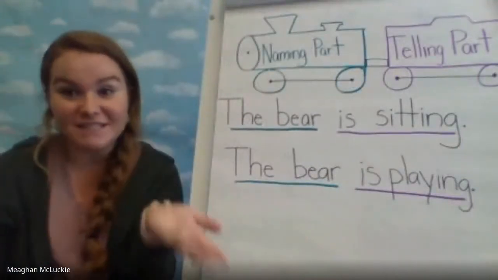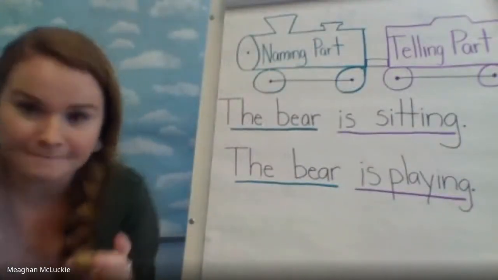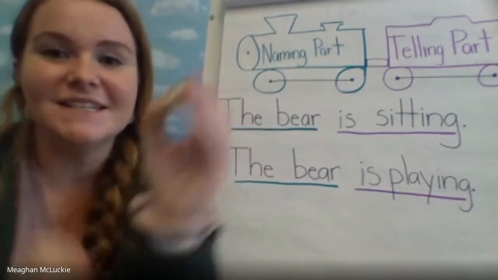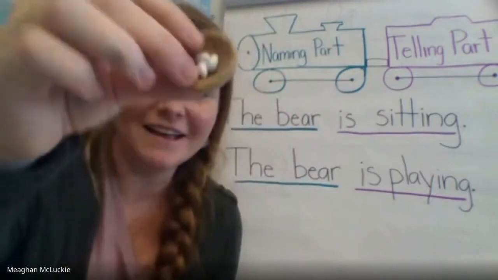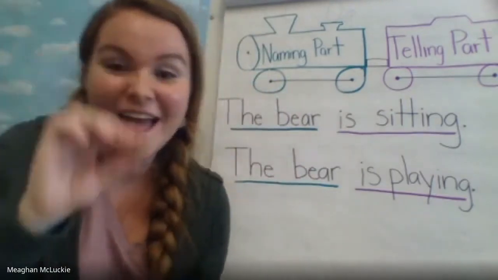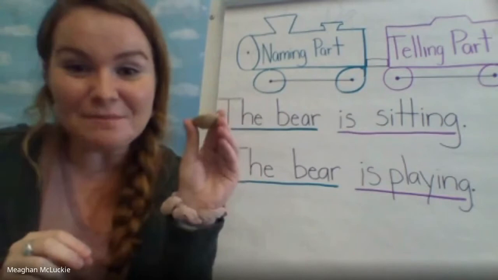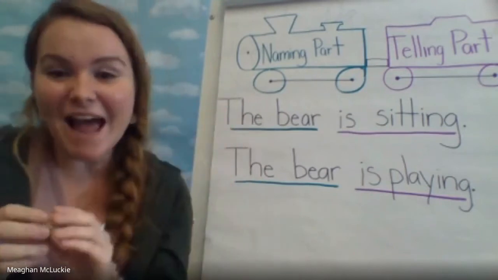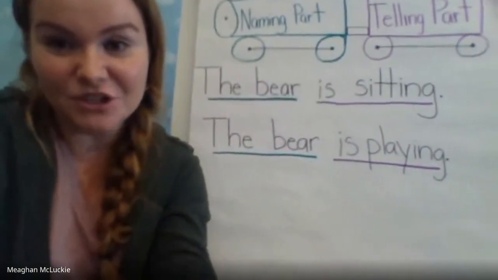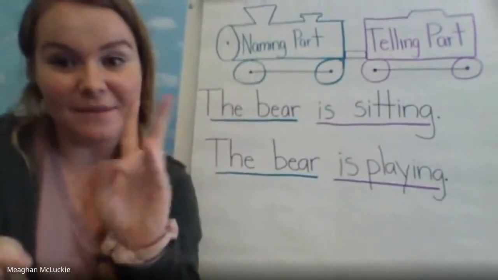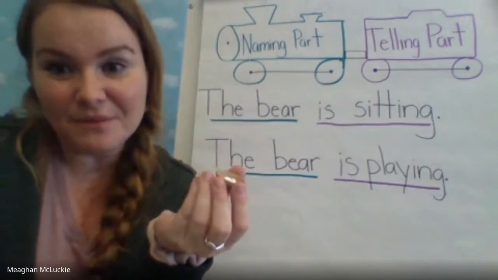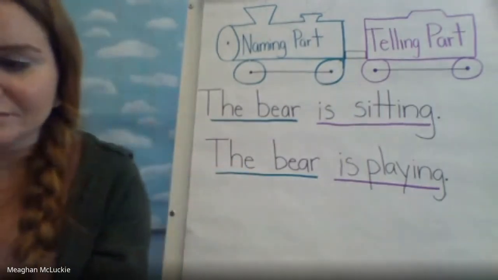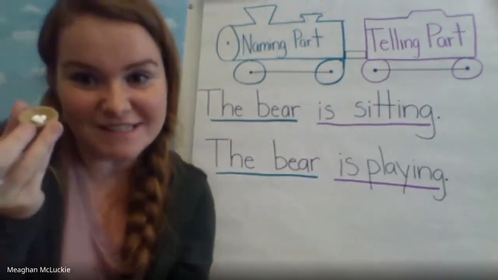So today I brought a different object to show you guys. Does anybody know what this is? That's right, you guessed it. It's a bird's nest. And I'm going to write a sentence first, and I'm going to show you with a naming part and a telling part. I'm going to write a sentence about the bird's nest. And just so you know, this is a little toy bird's nest.